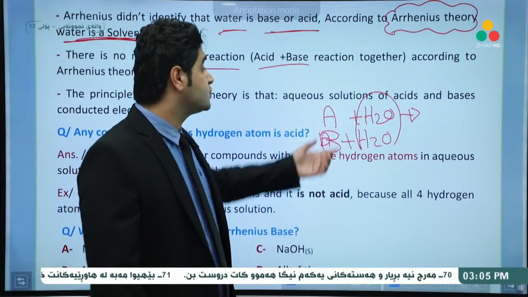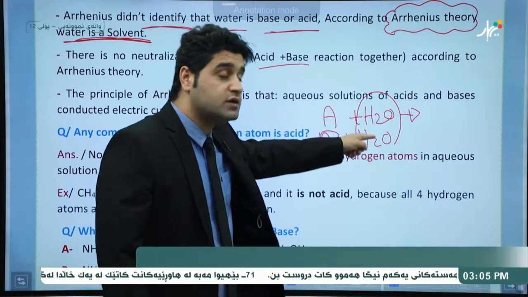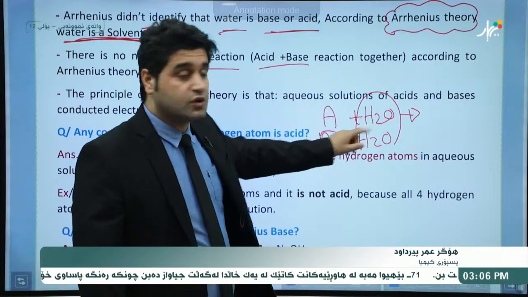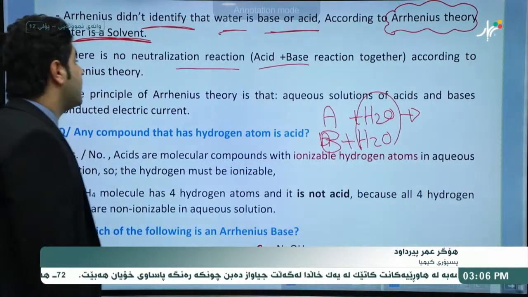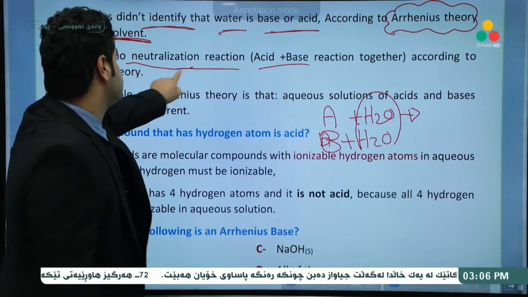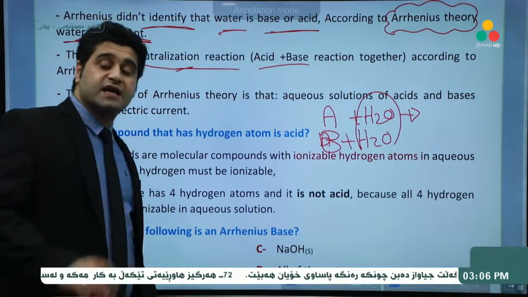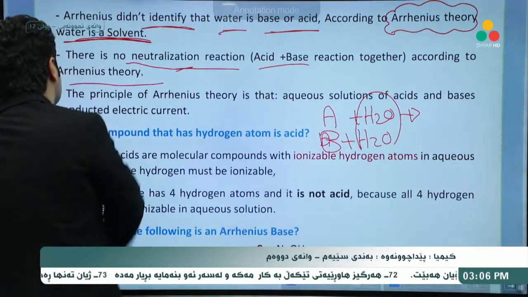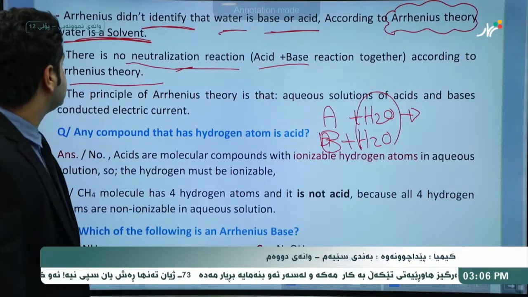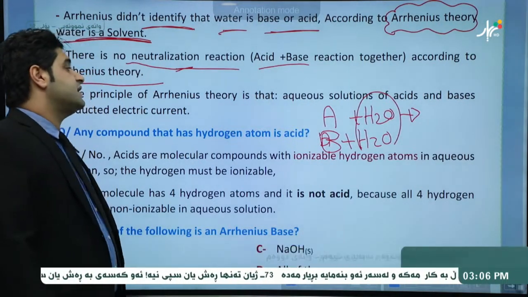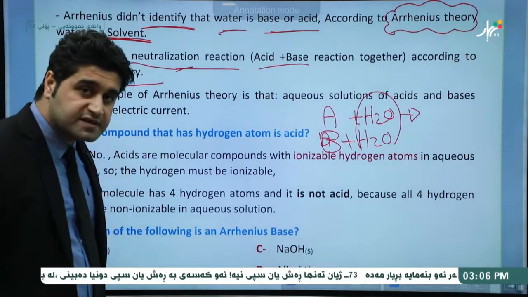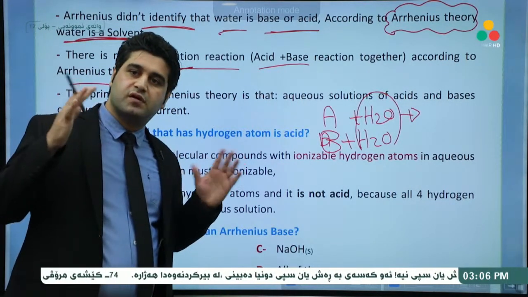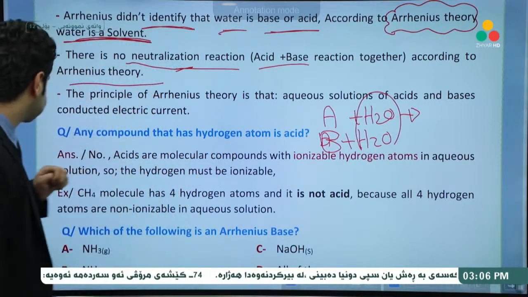We cannot, because one of them should be water, and water is not an acid or base, it's just a solvent. That's why we did not have the neutralization reaction. Neutralization reaction means a reaction between an acid and a base together. According to Arrhenius theory, the principle is that aqueous solutions of acids and bases can conduct electric current because they produce positive and negative ions.